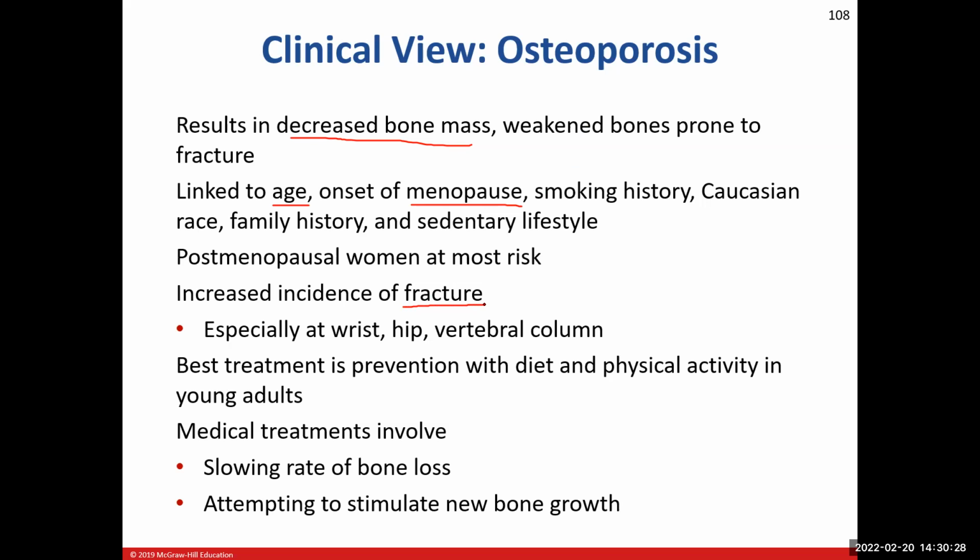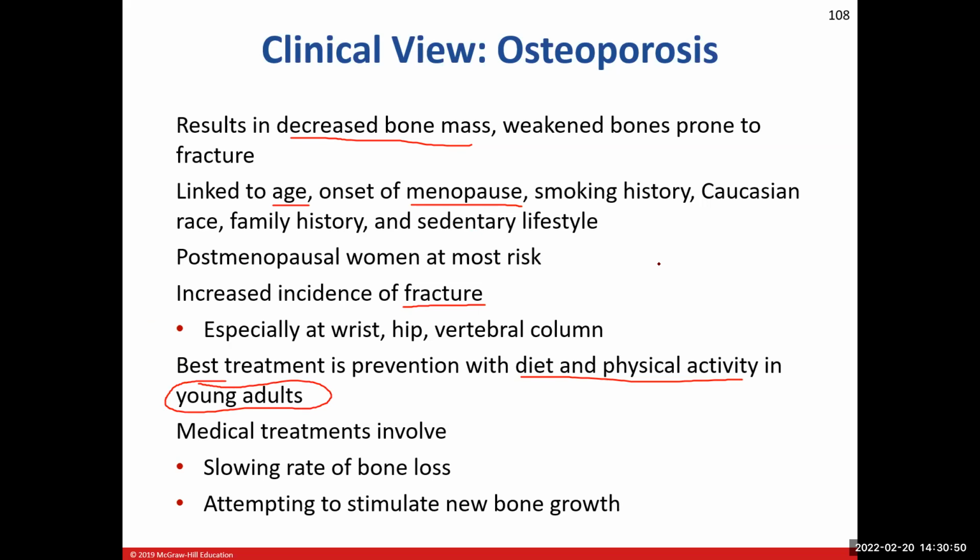So how do we stop it? Well, one, we stop it with diet and exercise. Now here's the thing. This is important in our younger days. Think of it like going to the bank and starting a savings account. You just keep putting money in it every month, and over time you build up that savings account. Same thing with our bones.